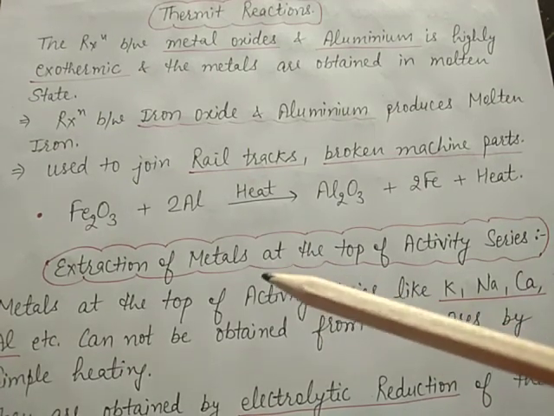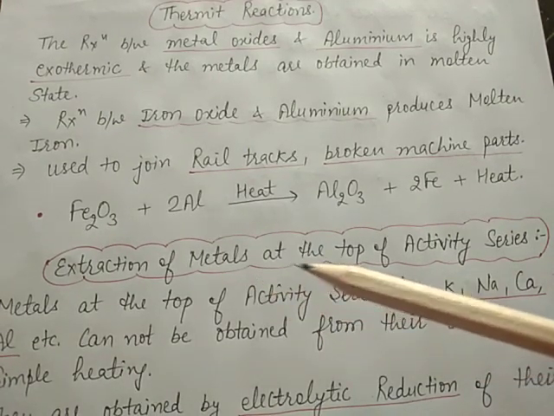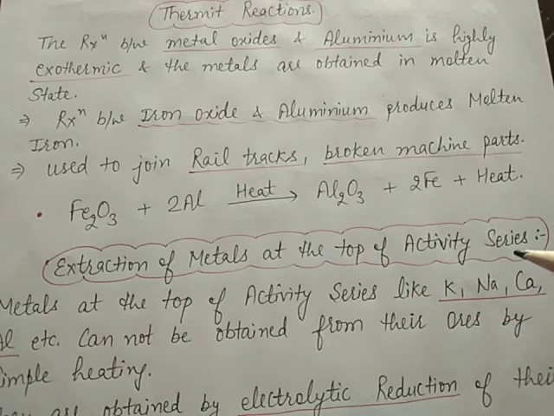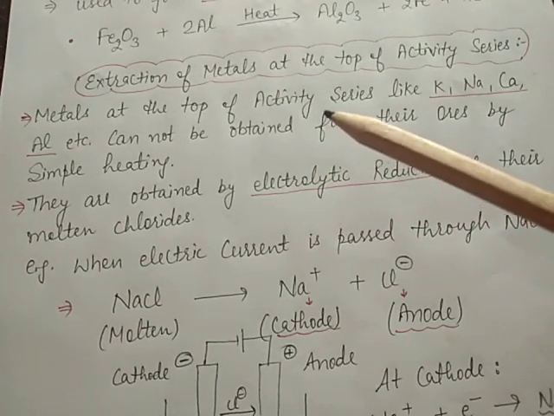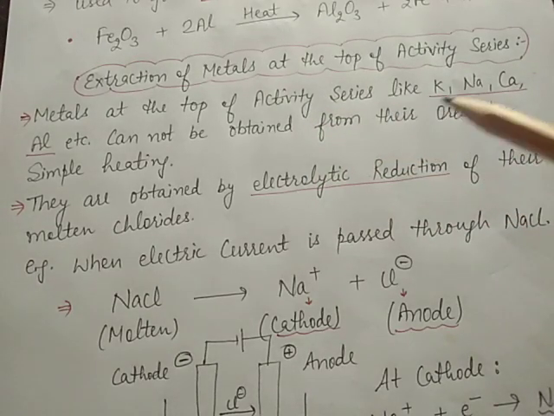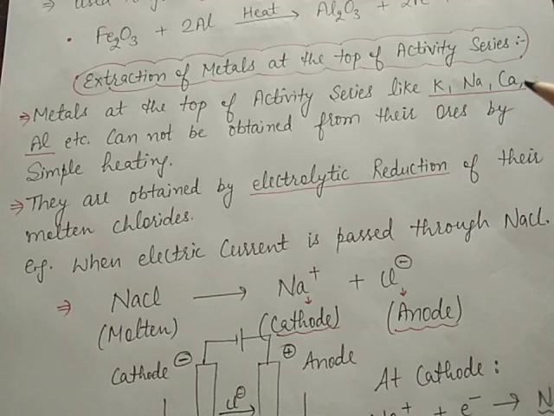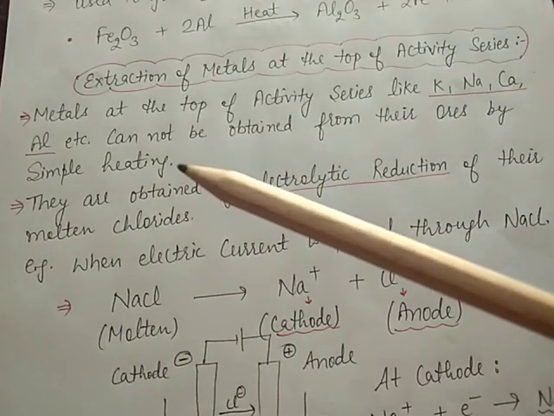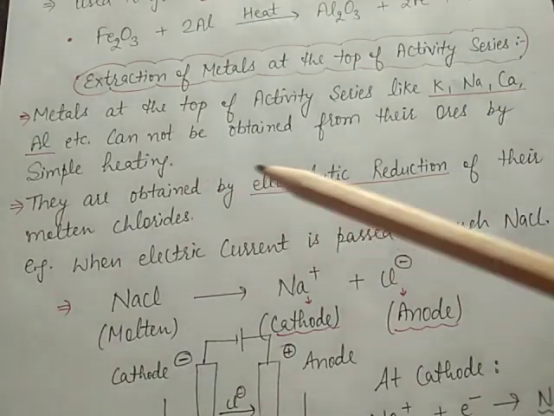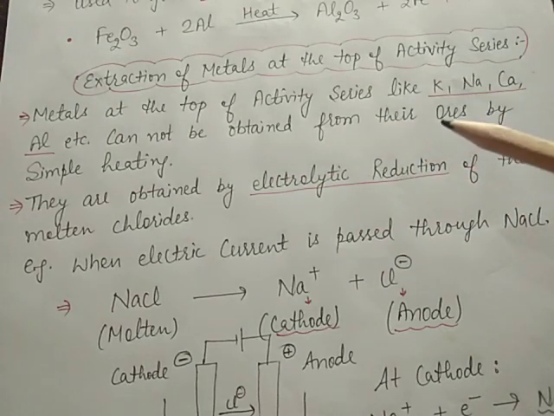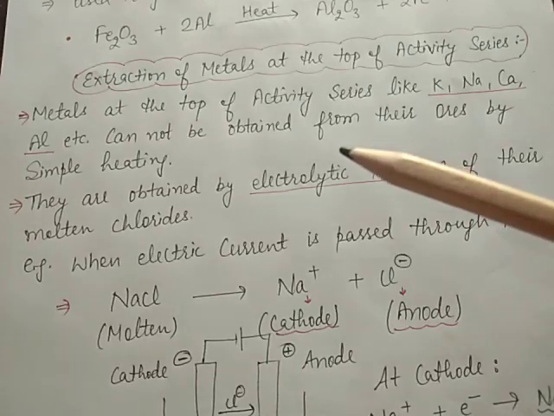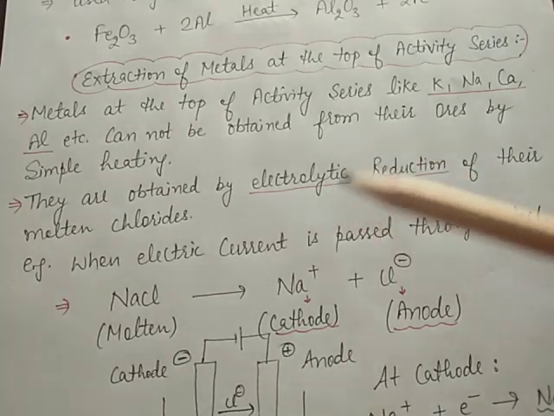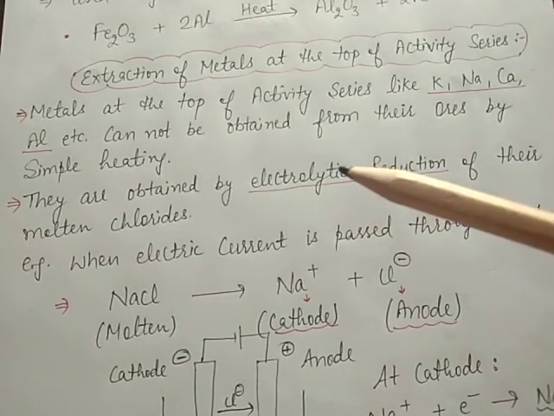Now, the next topic is extraction of metals at the top of the activity series. The metals at the top of the activity series like potassium, sodium, calcium and aluminium cannot be obtained from their ores by simple heating or by a strong reducing agent.